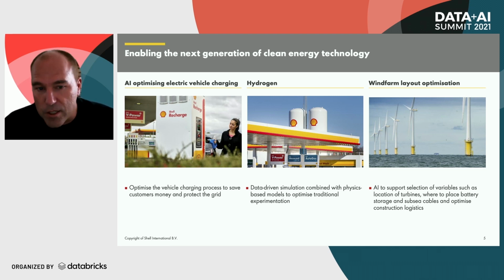That generates large amounts of data, and we're using that to try and optimize how vehicles are charged by understanding and learning people's interactions with these points. How can we make it more efficient for the user? And how can we also protect the grid at the same time by making sure we deploy the energy in places where it needs to be at the optimal time?